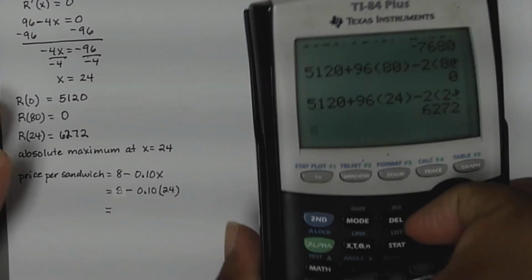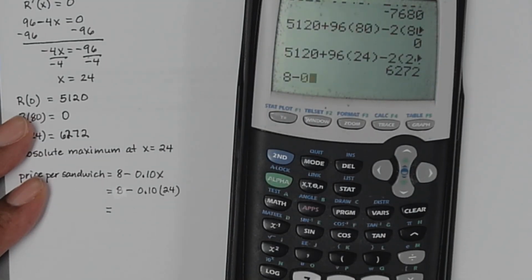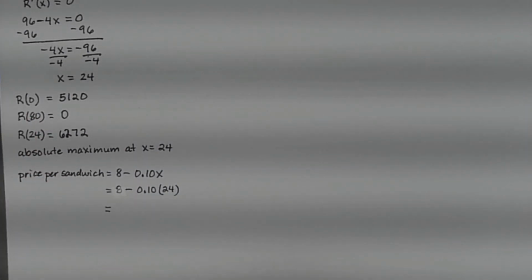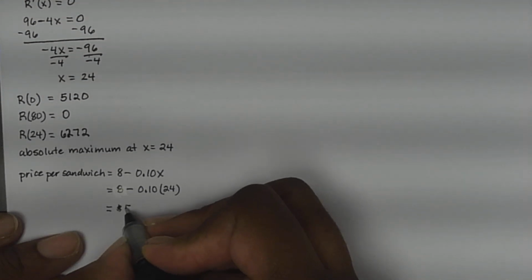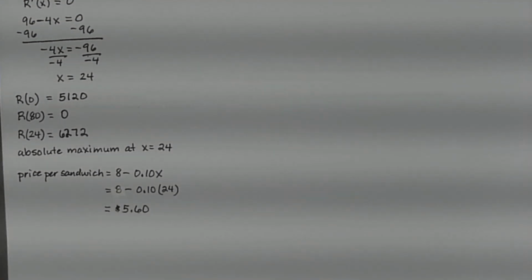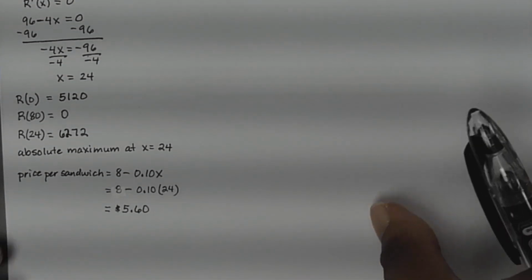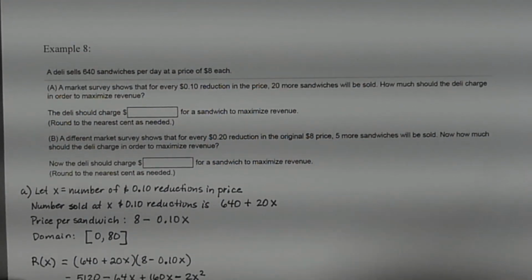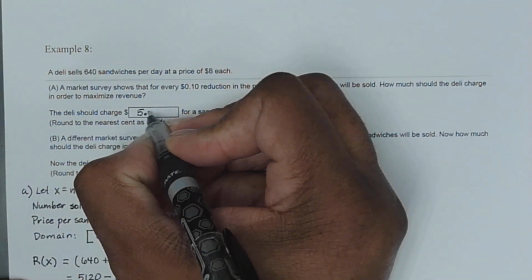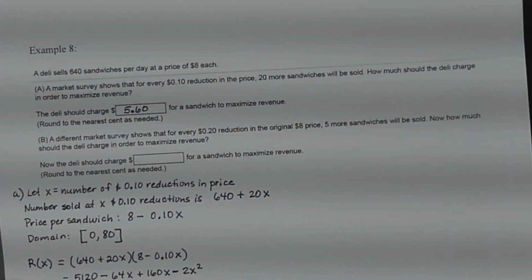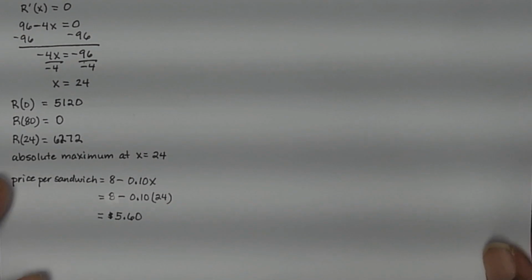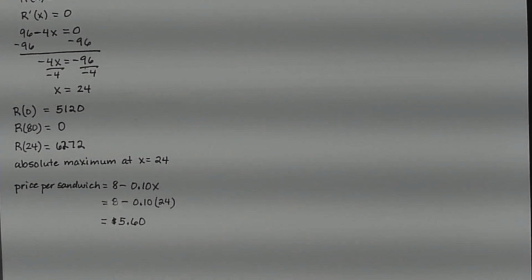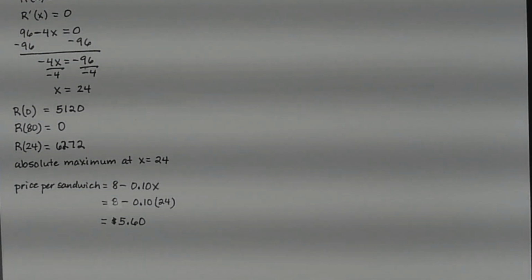I'll go ahead and do this in the calculator. 8 minus 0.10 times 24 is 5.6, or to 2 decimal places, $5.60. So to answer that question, the price per sandwich would be $5.60. That represents the price per sandwich to maximize the revenue based on that situation.